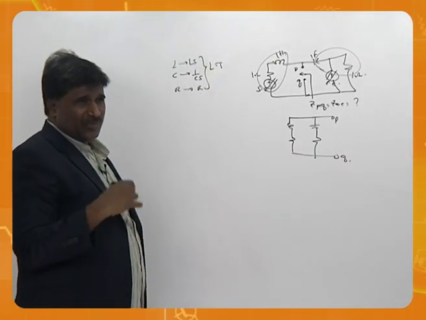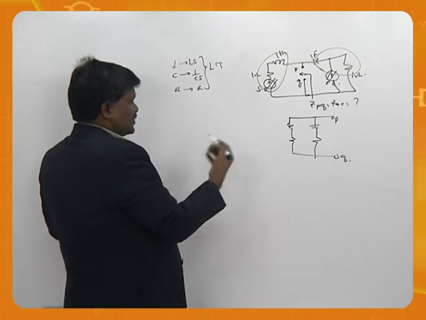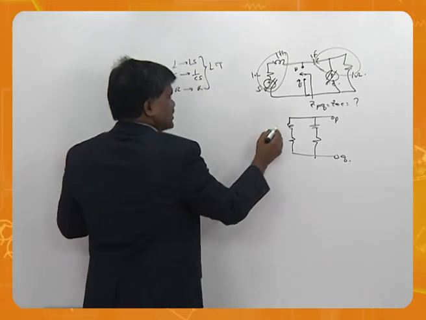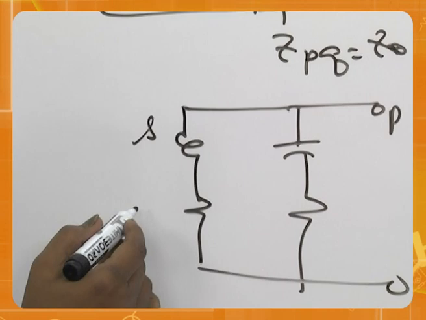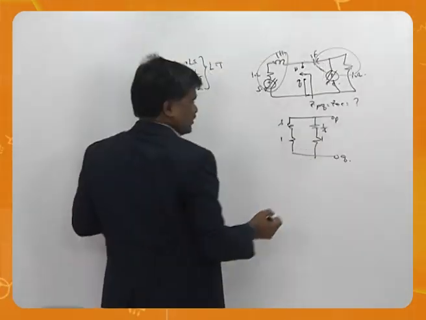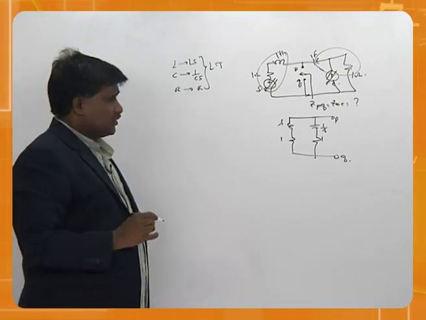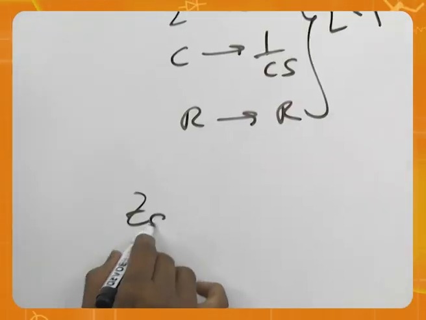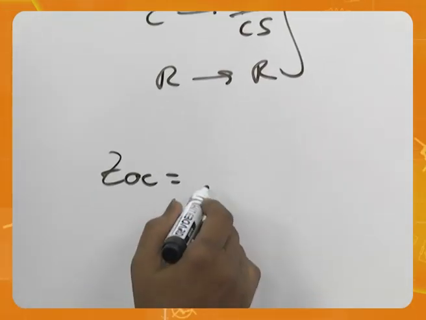So Laplace transform helped us to know. So Ls means 1 times s, this is 1 by s and 1. That's it.